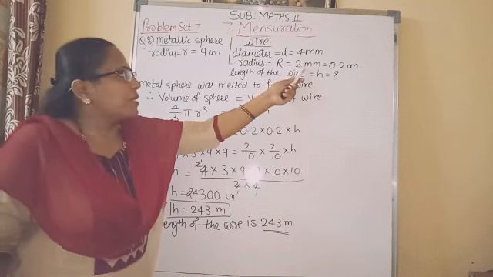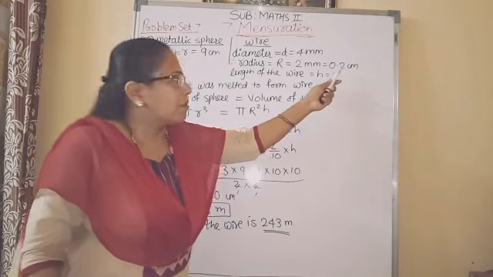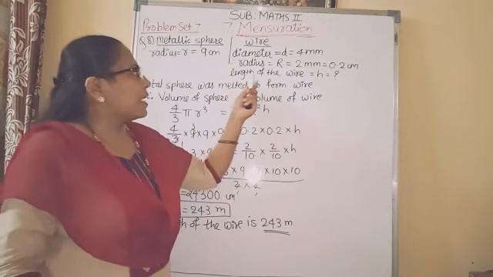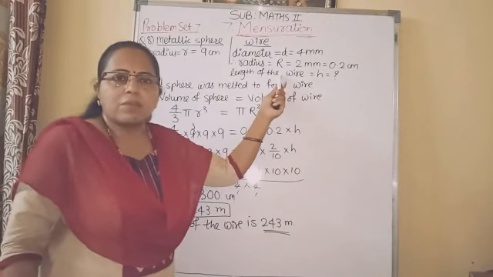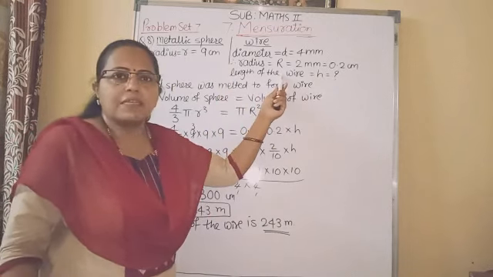So to convert millimeter into centimeter, we have to divide by 10. So 2 divided by 10, 0.2 centimeter. Okay. And we have to find out the length of the wire. Length of the wire is equal to height of the cylinder. So h we have to find out.